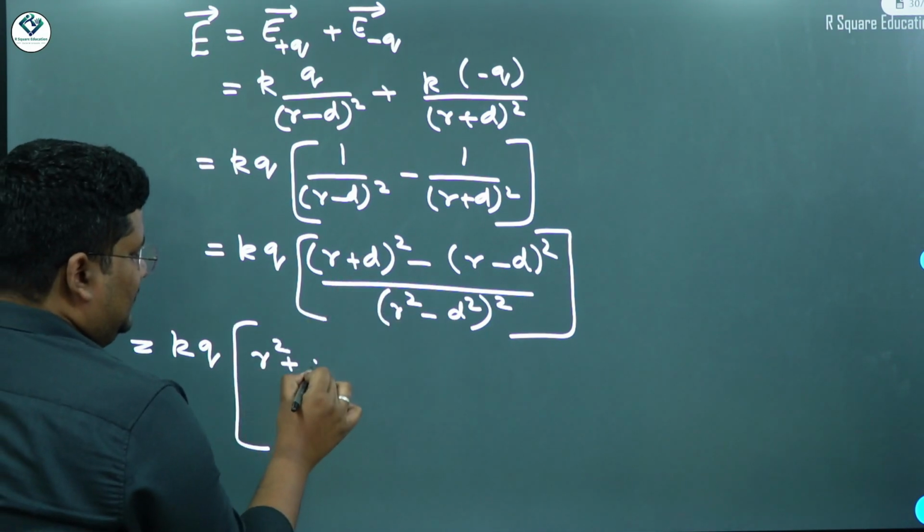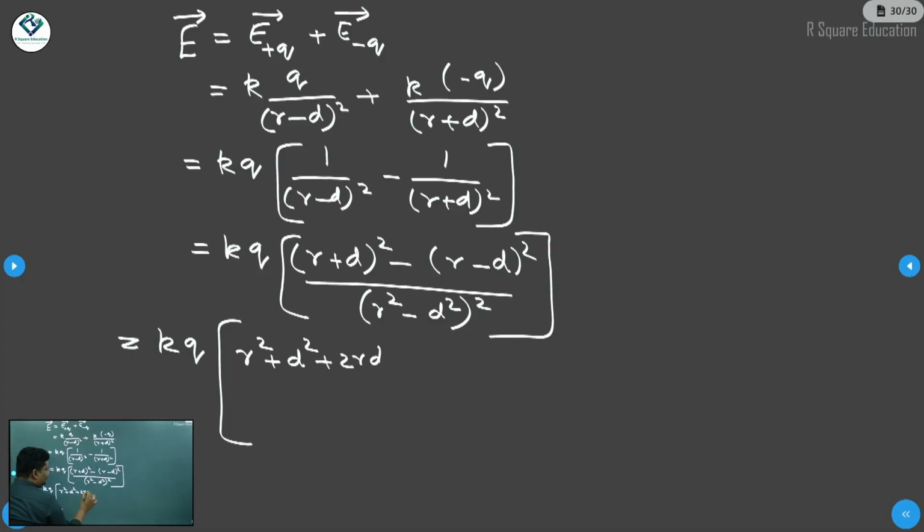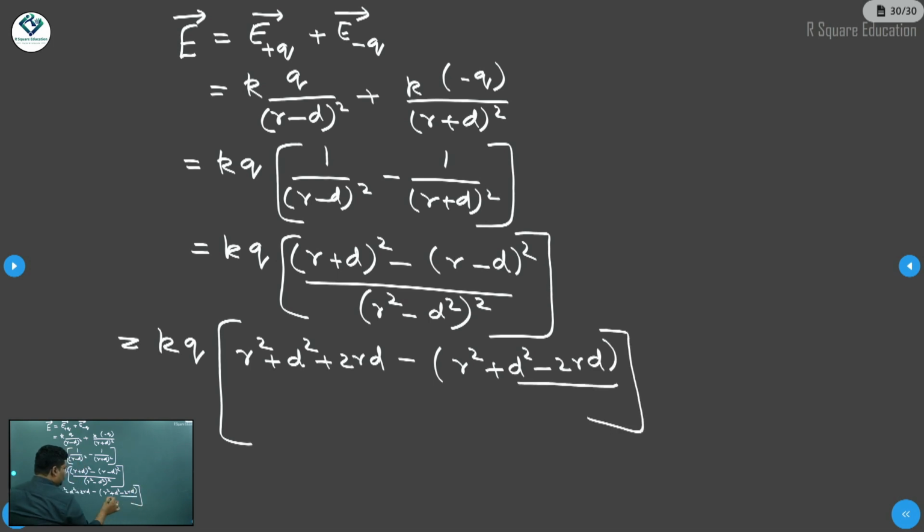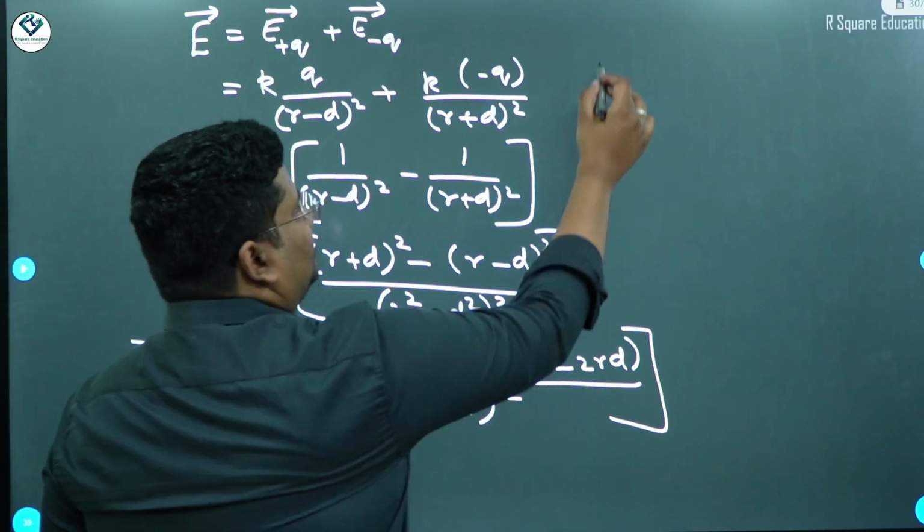R square plus D square plus 2RD, correct? Minus R square plus D square minus 2RD, whole divided by R square minus D square whole square. Clear? So when you are multiplying the minus here, what you will get?